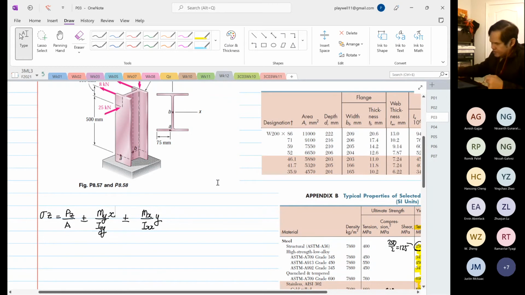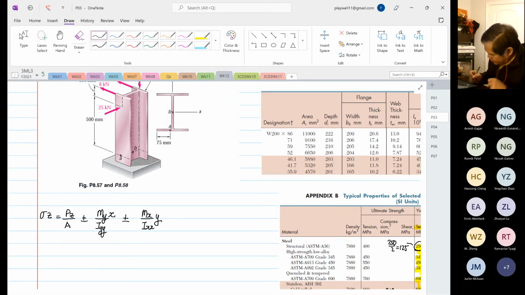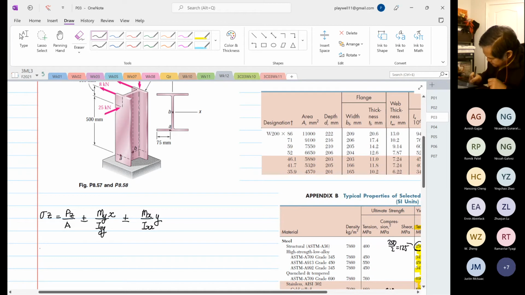Okay, and then the other set of formula that we are going to use is shear. Okay, it's going to be shear will be equal to Vx over Iyy, right? Qy divided by t. Okay. Or we are also going to use Vy over Ixx Qx over t.